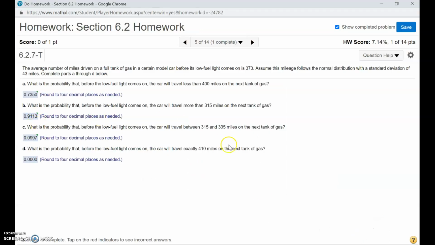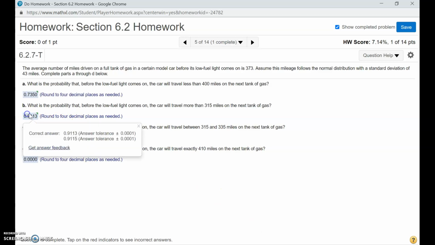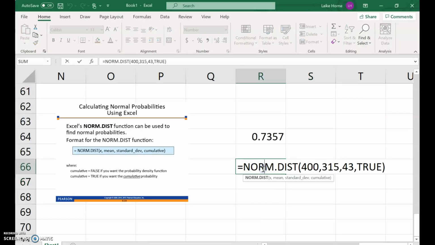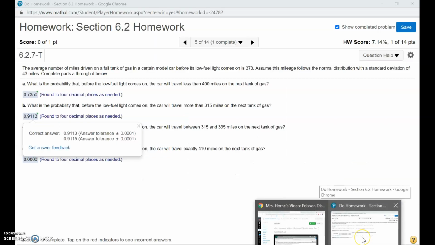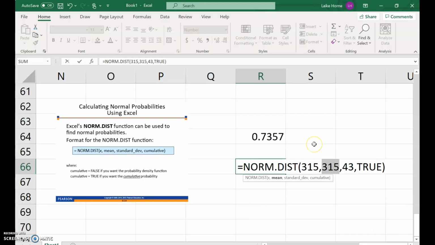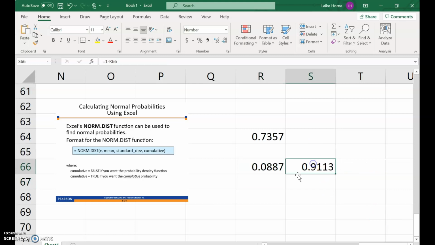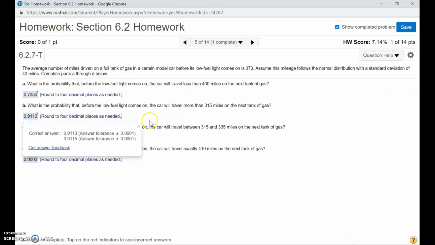I may have plugged it into the wrong number. This is where I should have put 315, and I need to put this back as the mean. What was the mean? 373. Okay, so 0.9113 would be more than, which is what you get here.